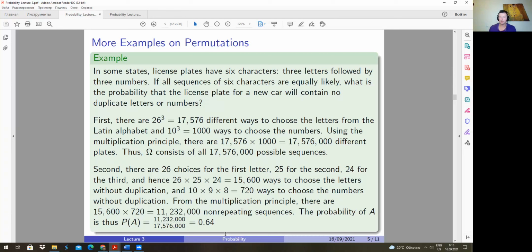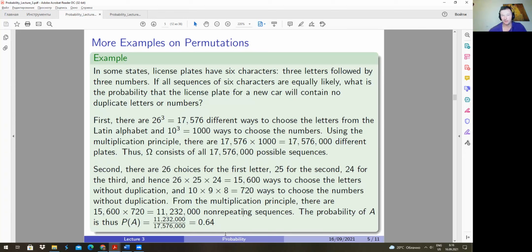Without replacement means that you cannot use an element which was already used once. And the whole idea of permutations is that you care about the order of these elements. So those are ordered samples. Once again, ABC and BAC are two different orders and two different events.